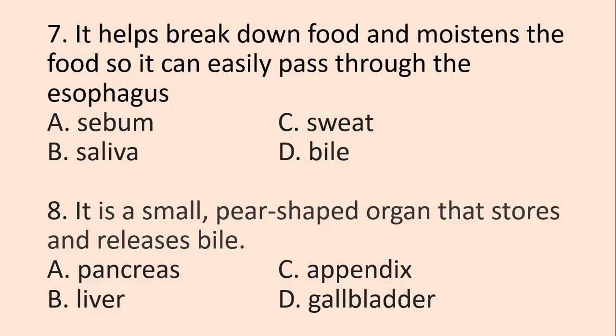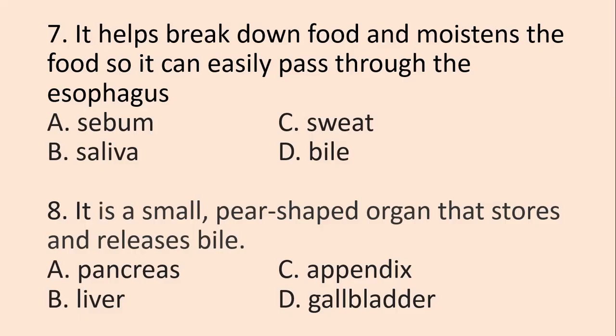7, it helps break down food and moistens the food so that it can easily pass through the esophagus. A, sebum. B, saliva. C, sweat. Or D, bile. 8, it is a small pear-shaped organ that stores and releases bile. A, pancreas. B, liver. C, appendix.